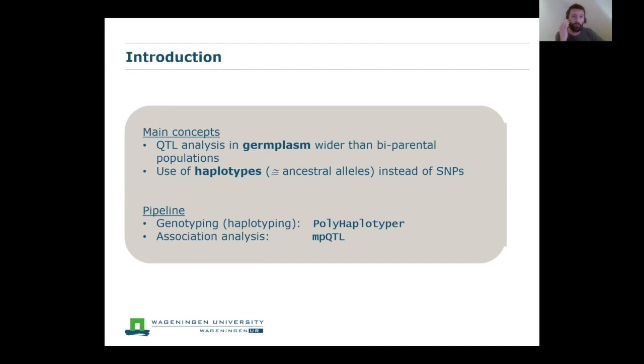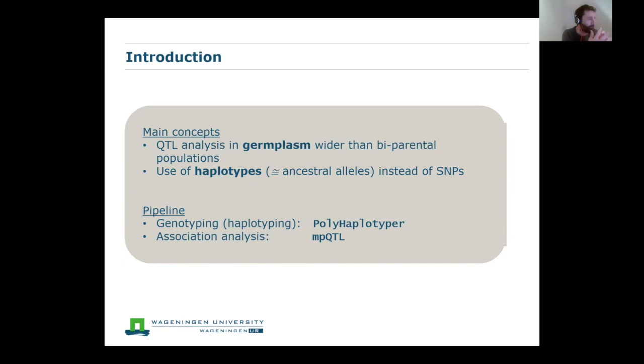That's why in the title you see multiparental population. In fact, it's not just restricted to multiparental; it can be a mix, also with some unrelated material, something more similar to a GWAS panel. So I'm talking about something wider than biparental, a structured population.